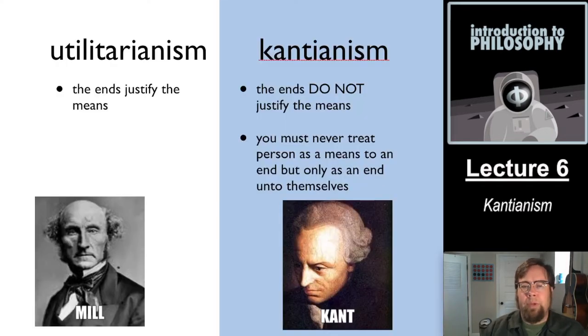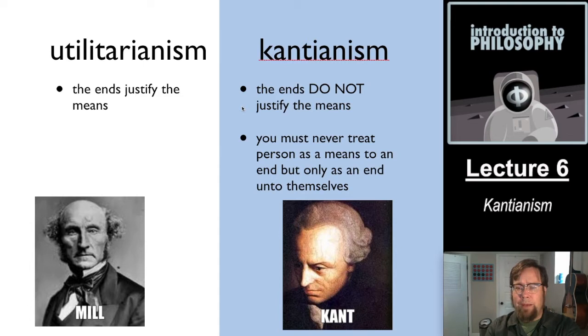One way of stating a really important difference between utilitarianism and Kantianism is a difference over this idea of whether the ends justify the means. So the utilitarian will assert that the ends justify the means. And a really important idea in Kantianism is this denial of this claim.